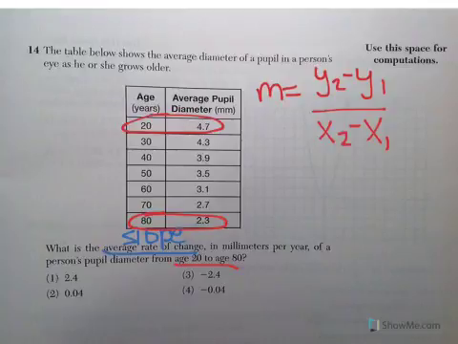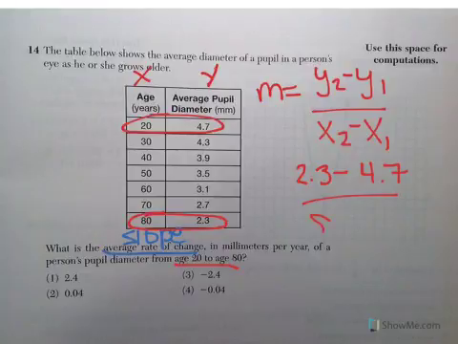So the y values are in this column right here, and the x values are over here. Okay, so what I'm going to do is plug 2.3 in for y. So I have 2.3 minus 4.7 divided by 80 minus 20.